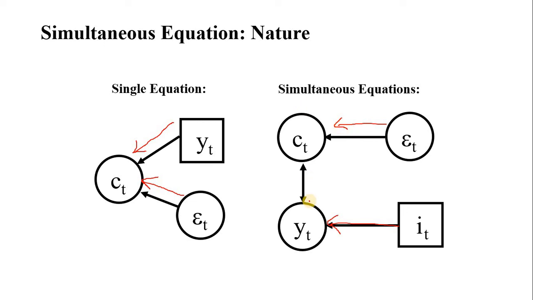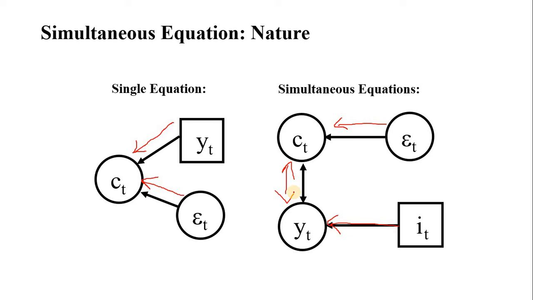But look at this equation: here ct is influencing yt and yt is also influencing ct. So here we have a two-way directional relation between ct and yt, and ct and yt are two dependent variables in two equations.